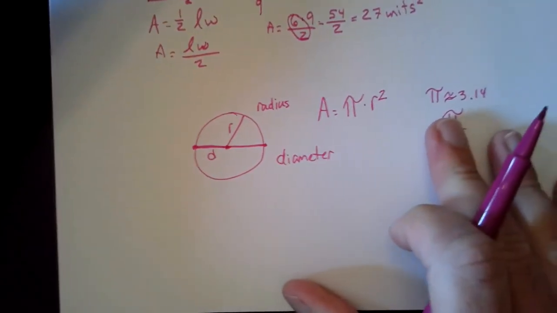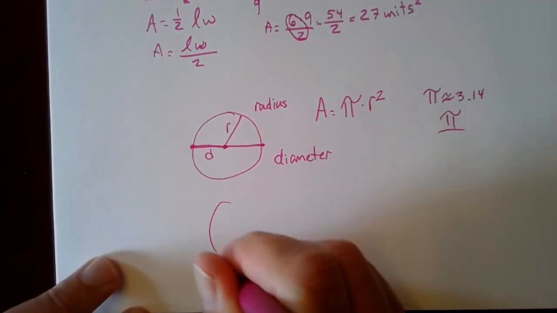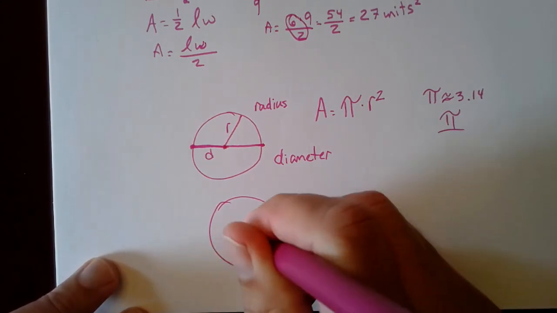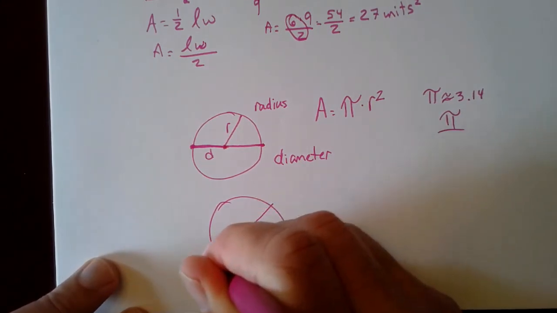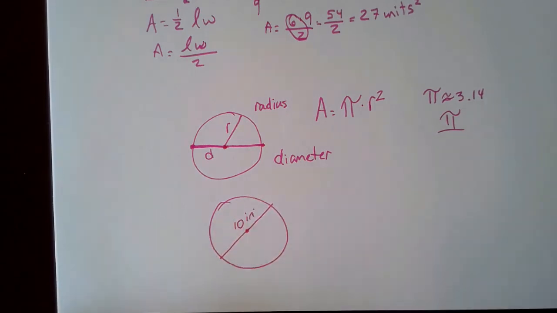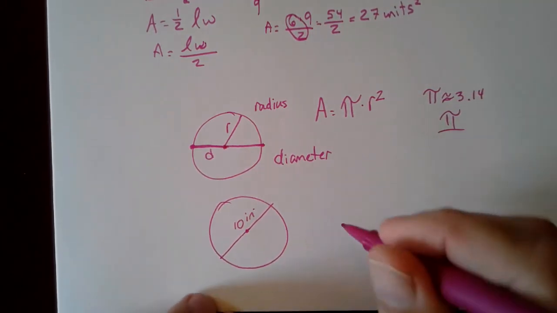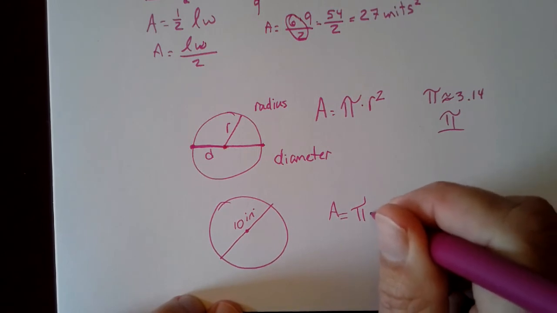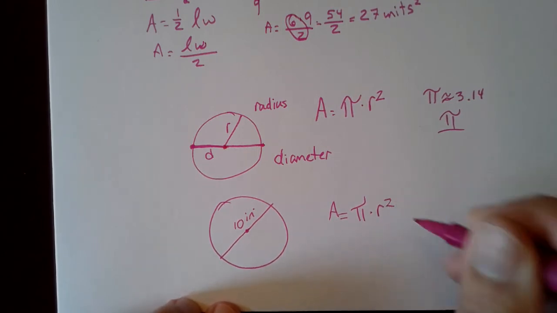All right, so we're going to find, here's a circle. Let's make it the most challenging one I can think of right now. I'm going to give you the full diameter to be 10 inches. So if I want to find the area, it's going to be equal to pi times my radius squared.